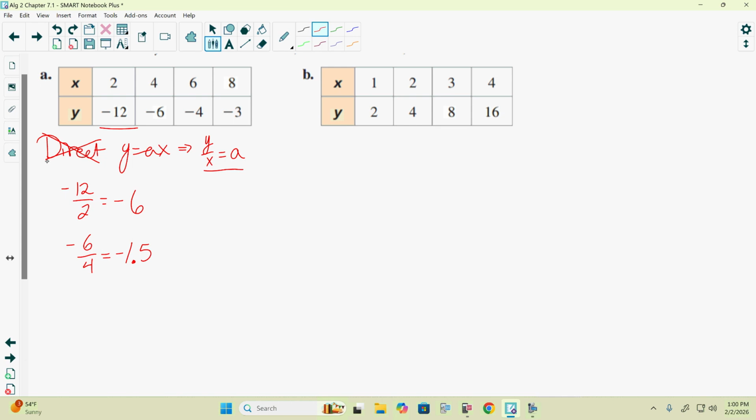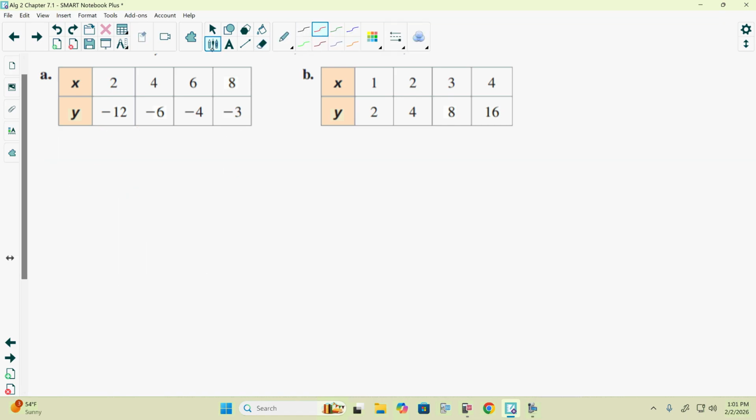Questions on this here? Okay, I'm going to erase it so that you can write it just below it, because our second option is inverse. And the general form for inverse variation is y is equal to a divided by x, or x times y is equal to a, because if we solve for a, get a by itself, we multiply both sides by x and get this here.